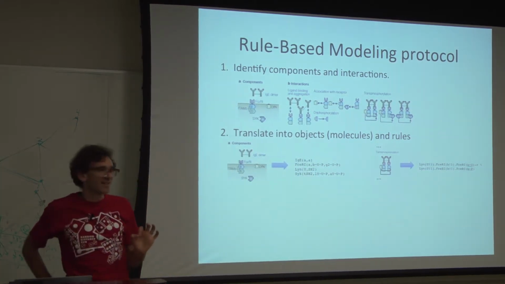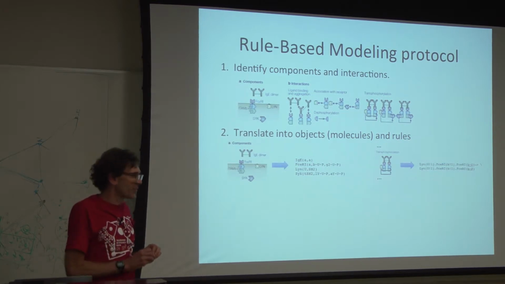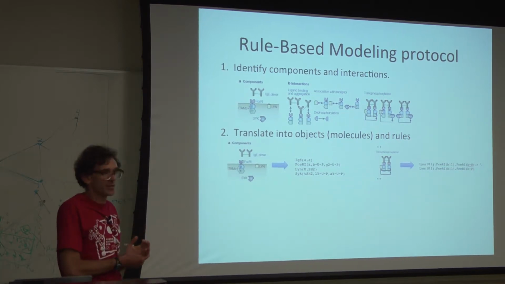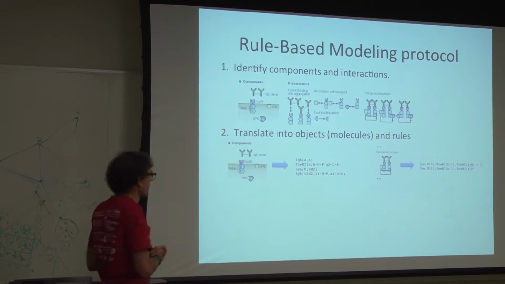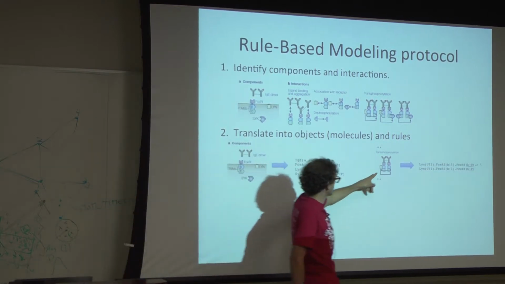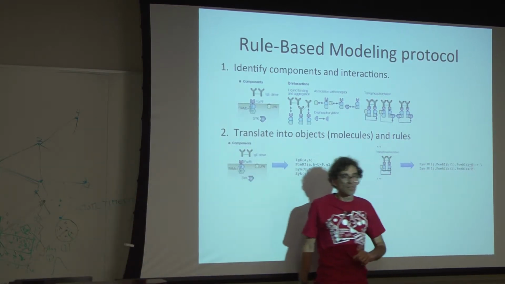You could question how definitive the experiments were that gave rise to that information, but once you accept that that's the correct inference, then we can represent that inference in a rule in a very concise way.